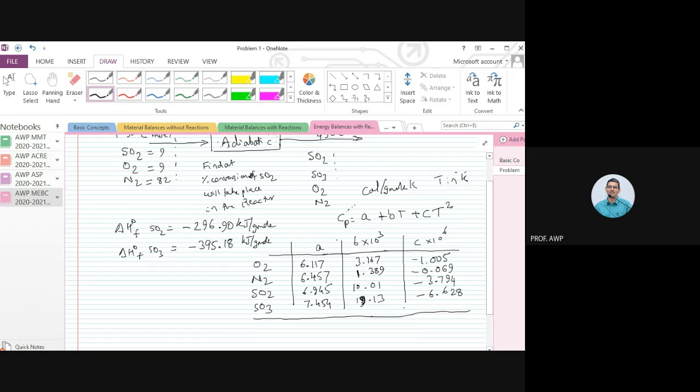These are the values of specific heats, constants A, B, and C.